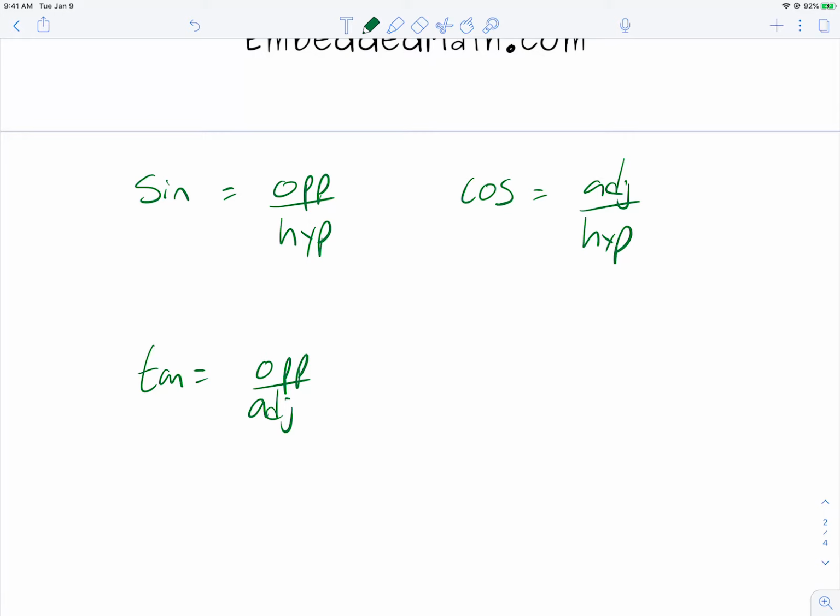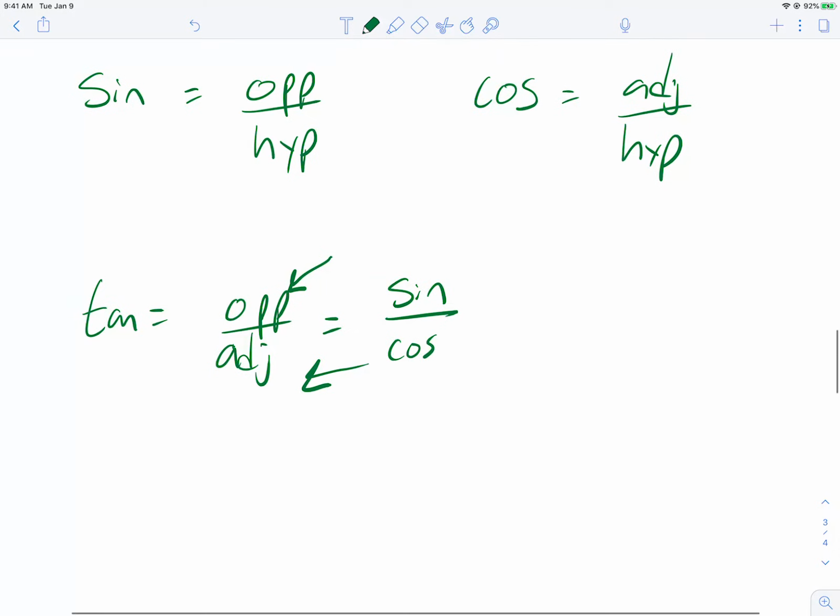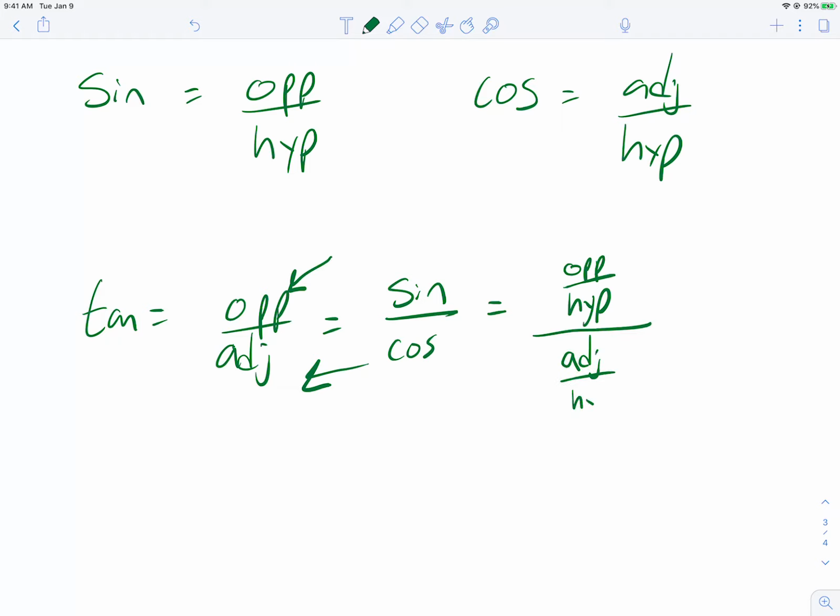And the way this works is I always think of it as sine uses the opposite and cosine uses adjacent. So let's actually substitute. So I just said sine is opposite over hypotenuse, and that's over the adjacent, or cosine, which is adjacent over hypotenuse.